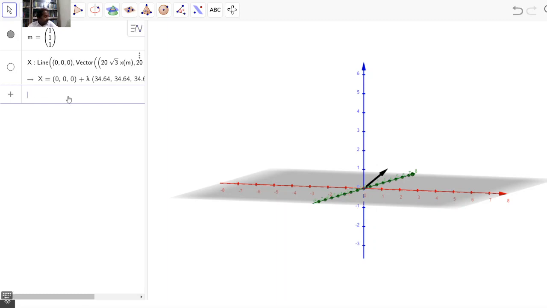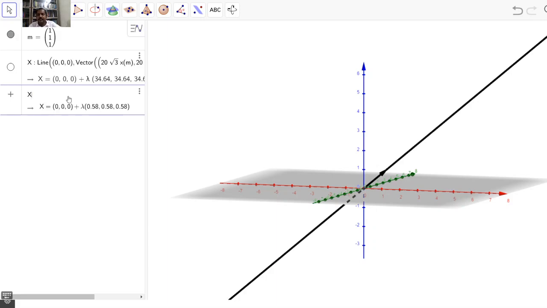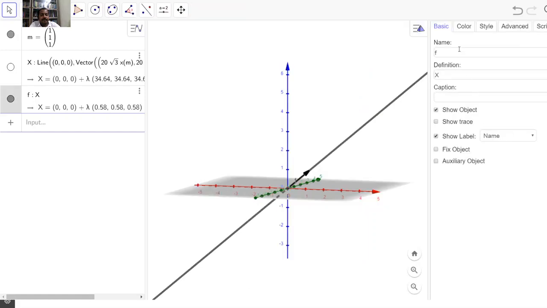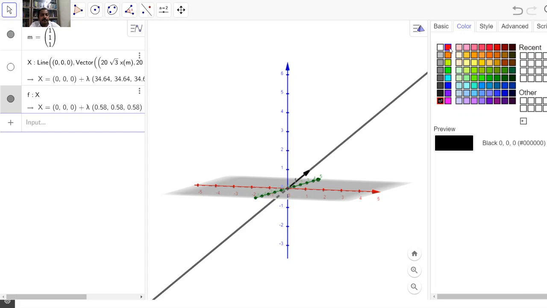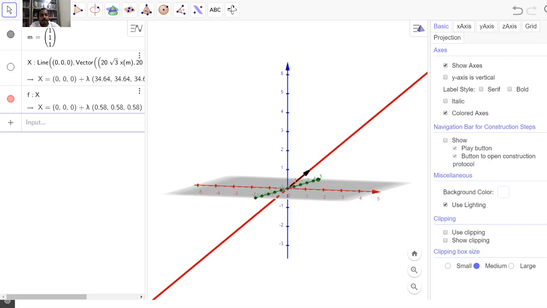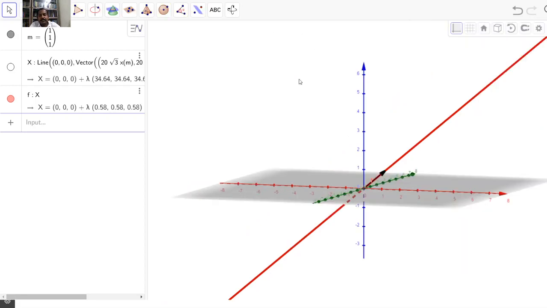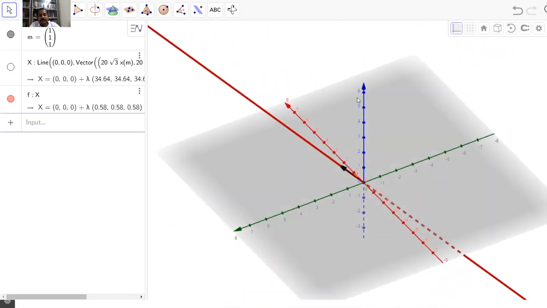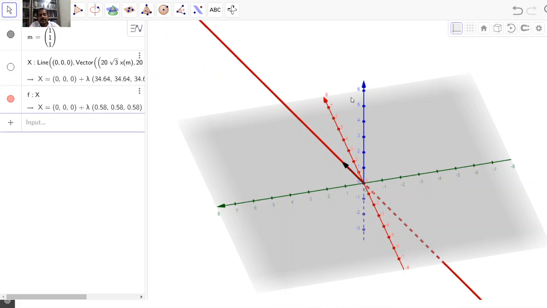So you write this as x is equal to, and you can plot it once more. This is the plot of x, the equation of the line, or trajectory, of the helicopter.